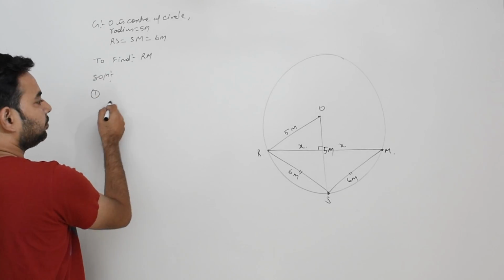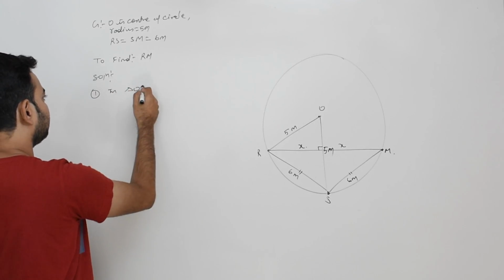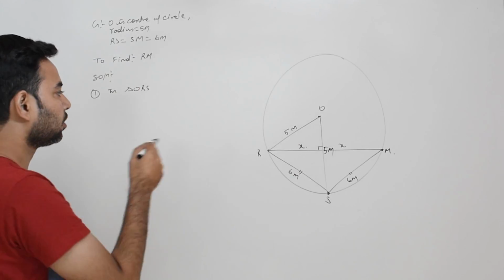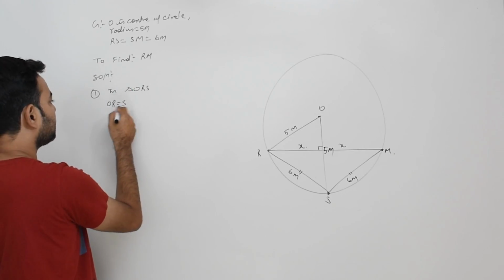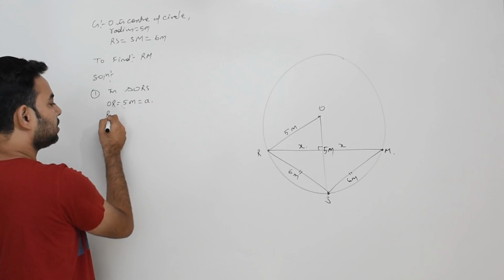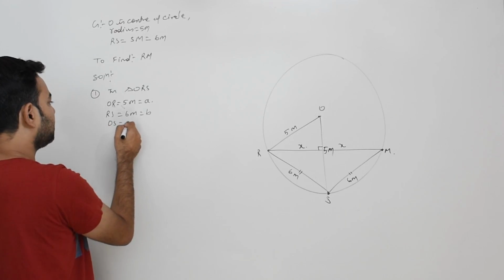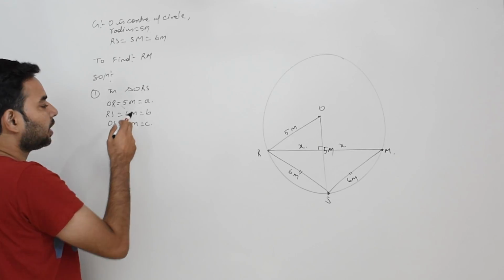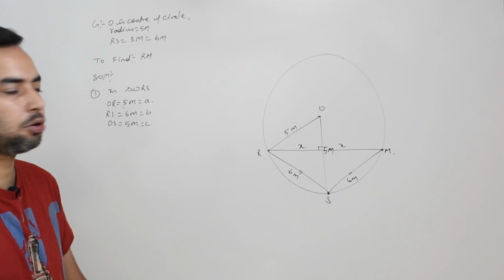First point, in triangle ORS, OR is 5 meters, let it be A. RS is 6 meters, let it be B, and OS is 5 meters, let it be C. Then we can find out the area of the triangle by Heron's formula because all three sides are known.